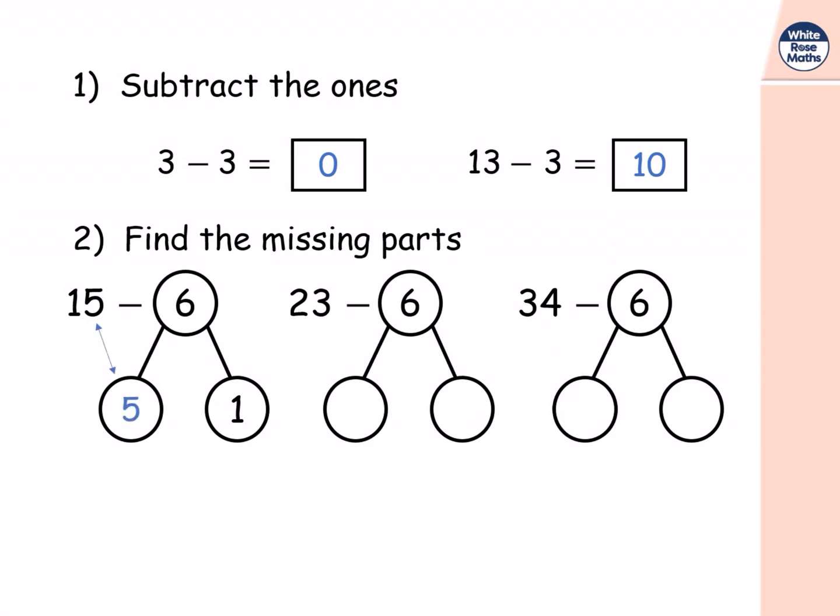And do you see how it's the same as the digit from 15? So when we've got 23 subtract 6, we need that 3 to be the same as the 1's digit from 23. So the other part must also be 3. When it's 34 subtract 6, we need the 1's digit to be 4. And the other part must be 2.